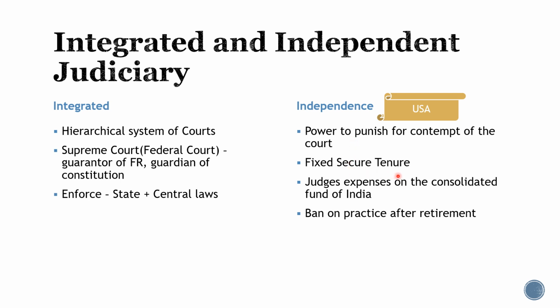The judges' expenses are on the Consolidated Fund of India, and judges are banned to practice after their retirement. So there are some of these things that help keep the judiciary independent and allow the judges to be independent of the executive and the legislature.